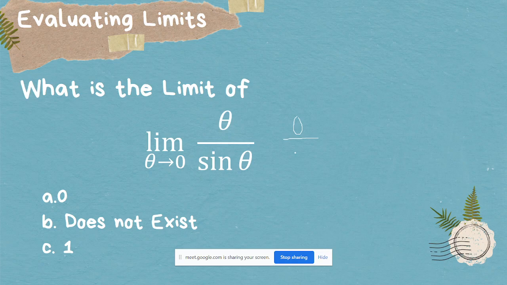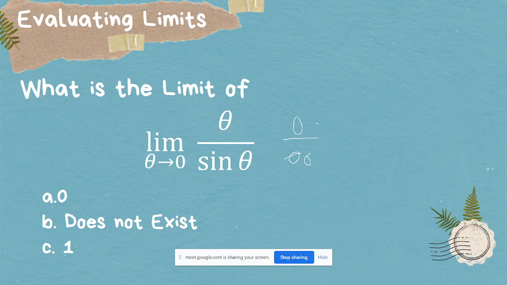Sine 0 on the calculator is also 0, right? Tama po, basically 0. So when we say 0 over 0, we have already discussed that one, no?